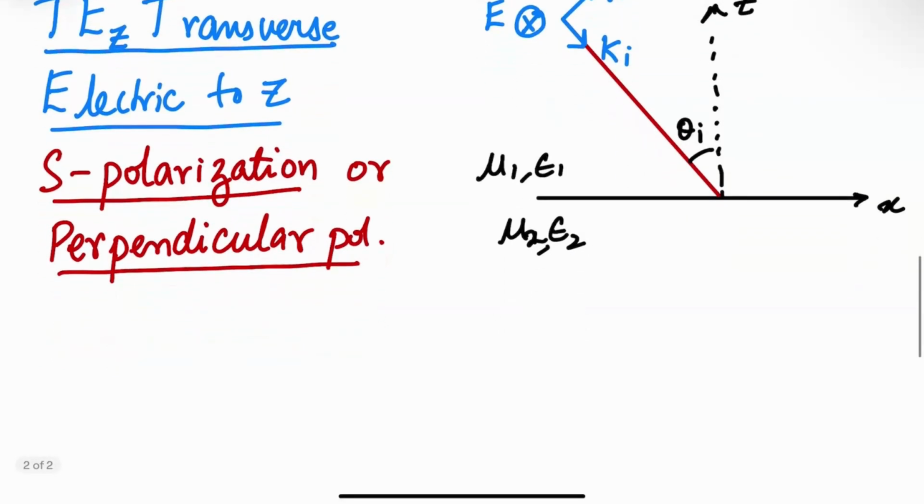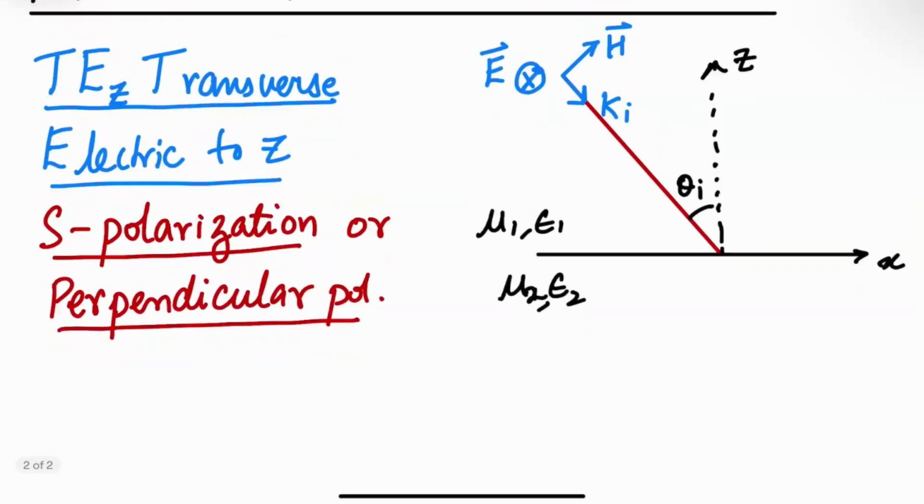Okay, so given that we have this, what are we trying to do? We're trying to find how this wave reflects and refracts through this interface, right? So we have something that came in and part of it goes into the second medium at some angle.